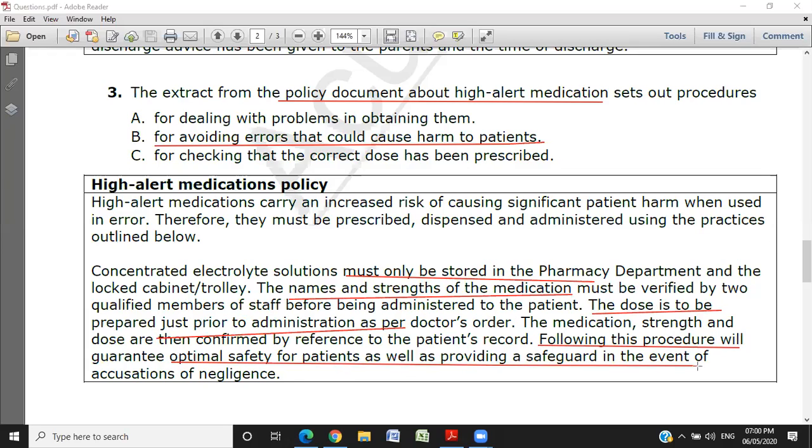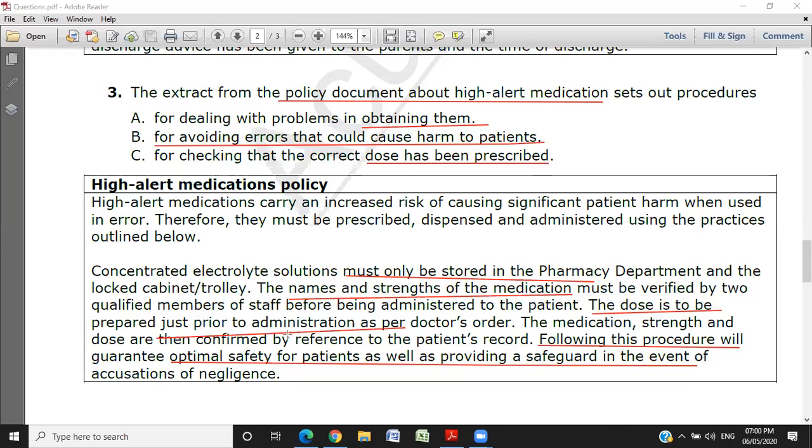To obtain is to get them, to access them, but the text doesn't tell us from exactly where we can get them. C option says that correct dose has been prescribed, but the text mainly talks about the administration part of it rather than the prescription.